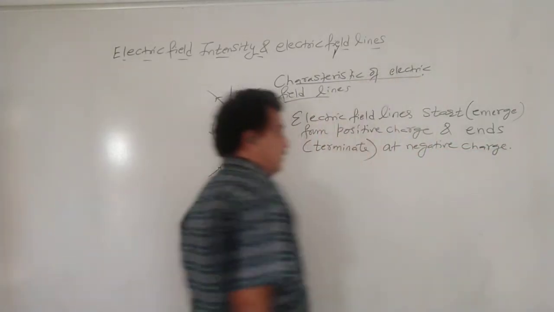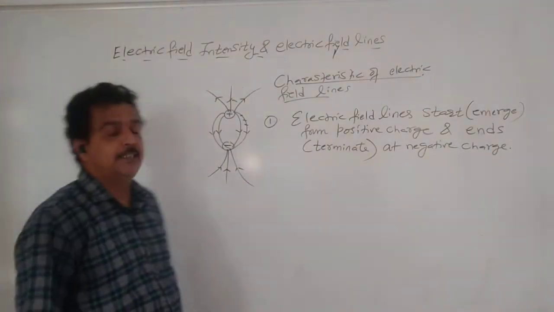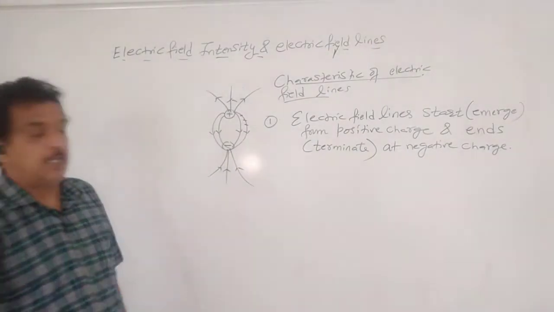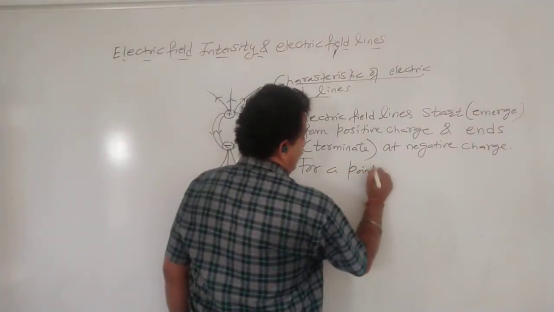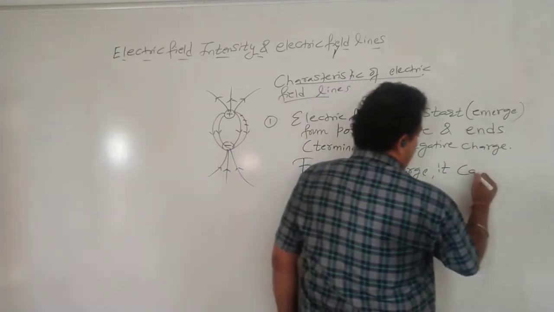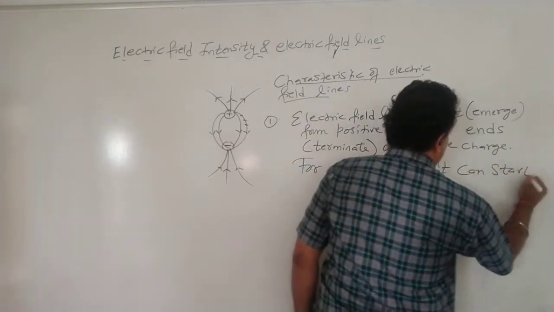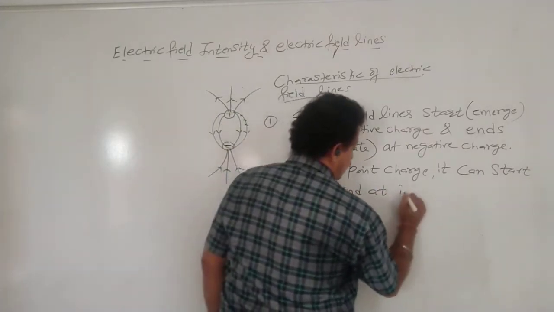So if you have a system of two charges, it will always start from positive charge and ends at the negative charge. For a point charge, it can start or end at infinity.